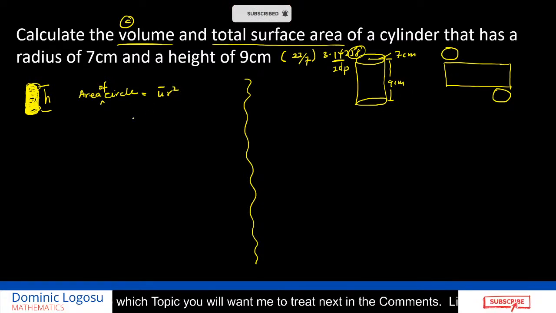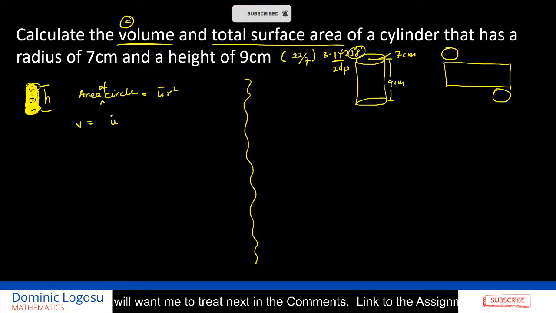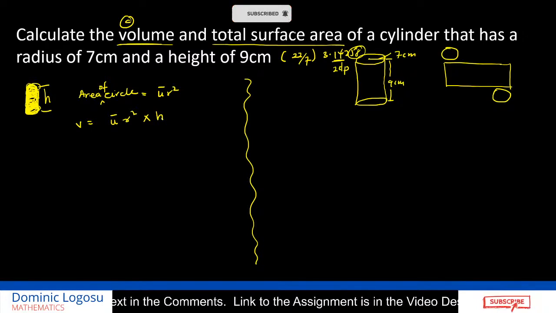By including the height, it means that the volume of a cylinder should be pi r squared times h. So that's the volume of a cylinder. We take into consideration the area of the circle forming the cylinder, and then how many circles will be stacked up per the drawing I have done.